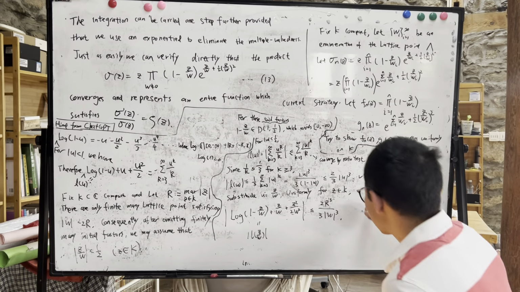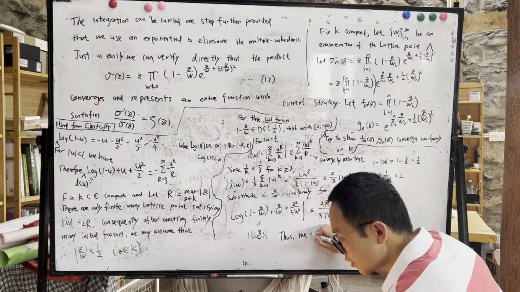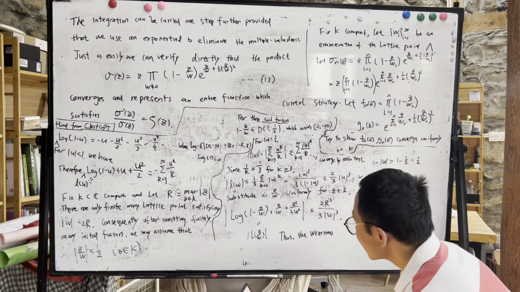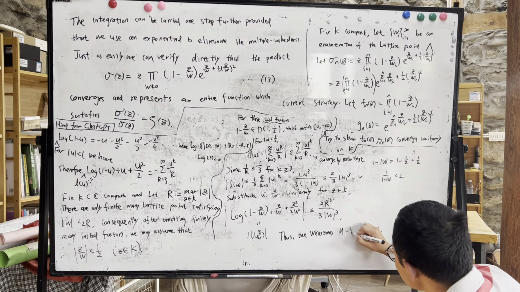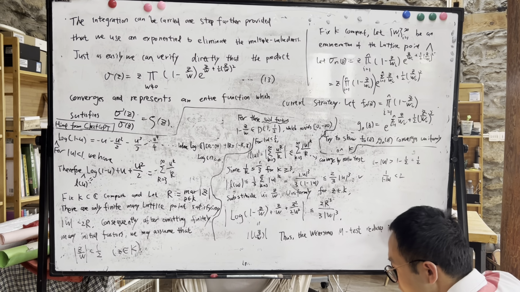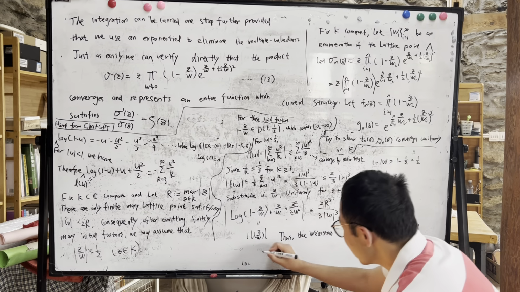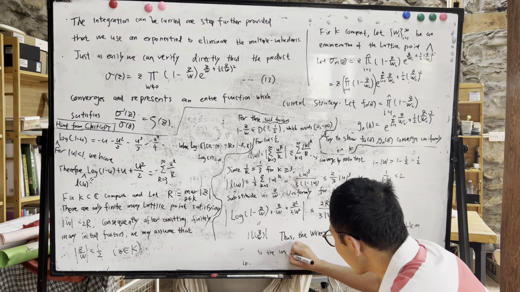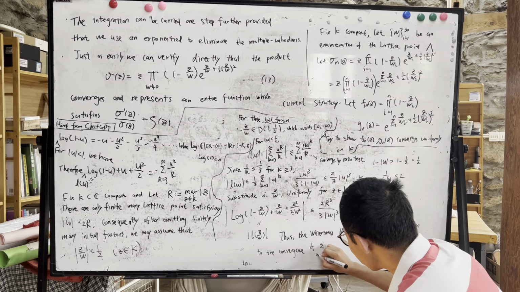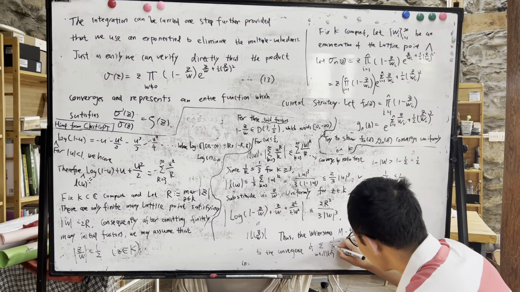Okay, so thus the Weierstrass M test reduces to the problem of the convergence of the sum of all the lattice points of modulus of omega cubed.